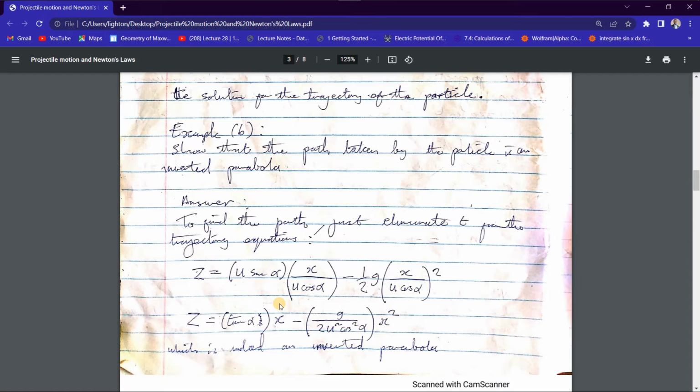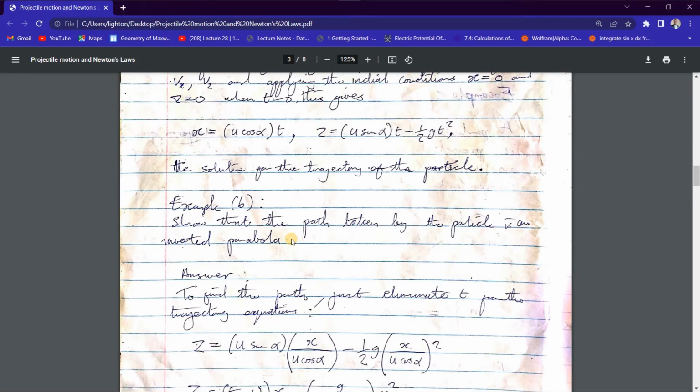And of course, there's this example B here, which is saying show that the path taken by the particle is an inverted parabola. So when we look at this part, which is telling us to show that the path taken by the particle is an inverted parabola, when you look at the answer, we're just saying that to find the path, just eliminate t from the trajectory equation. So it's simple elimination of t from the trajectory equation.